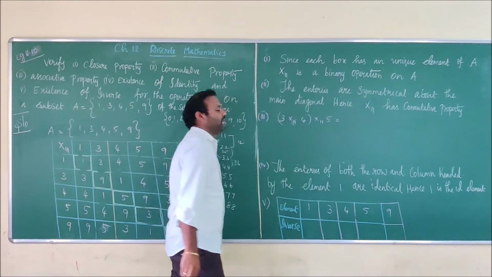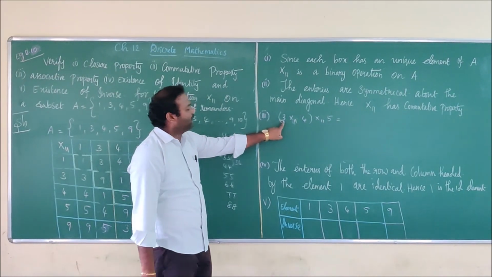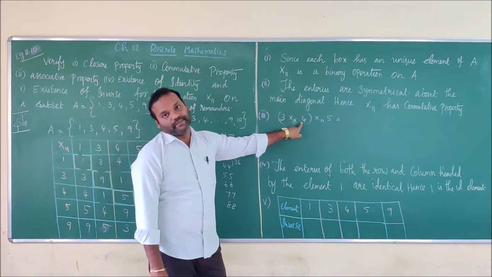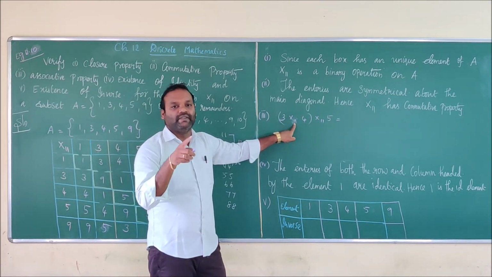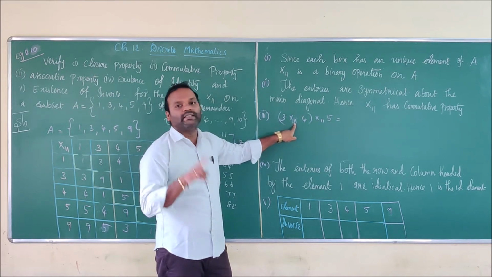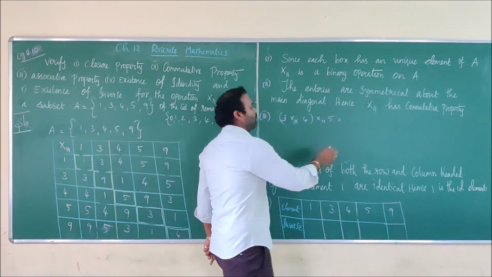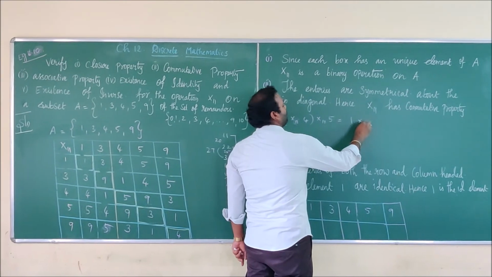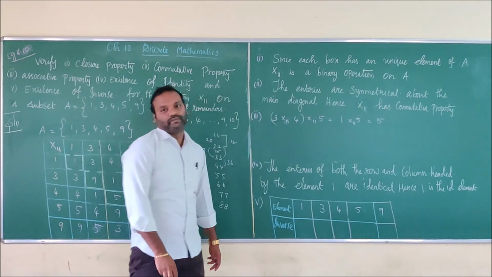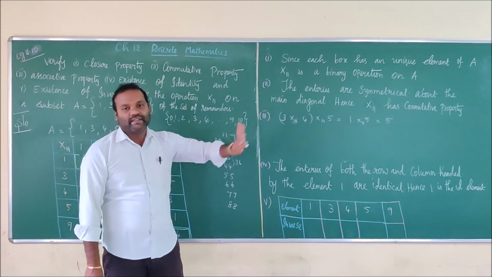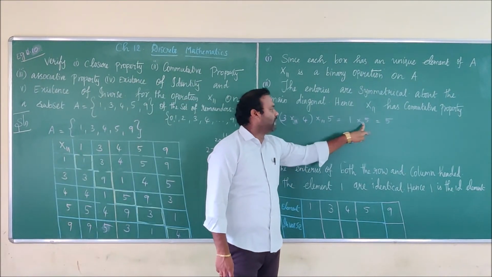You have to find the answer for this. First multiply 3 and 4: 4 threes are 12, which is greater than 11. When you divide 12 by 11, the remainder is 1, so the answer is 1. Then 1 into 5, which is nothing but 5, because 1 into 5 is less than 11.